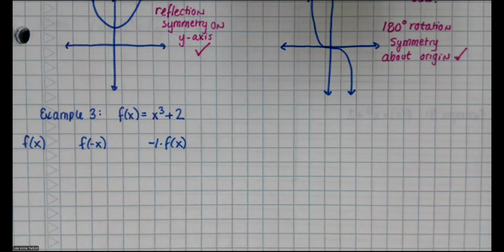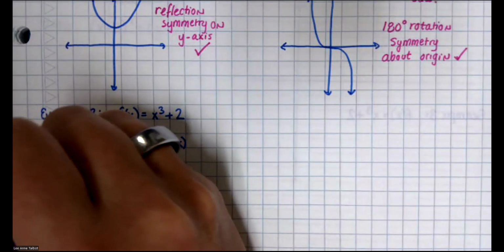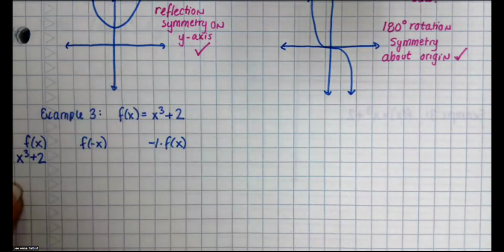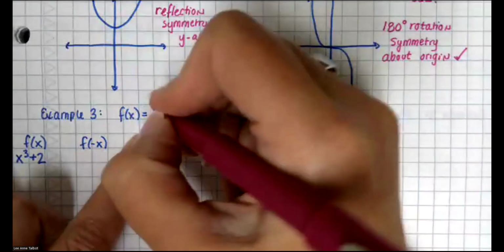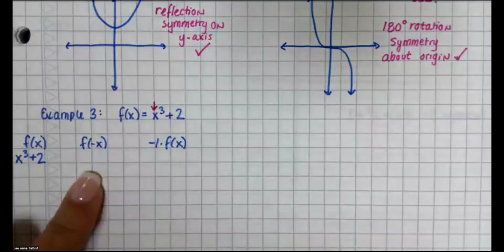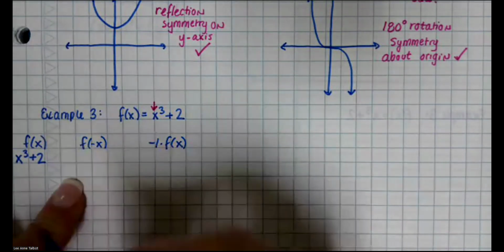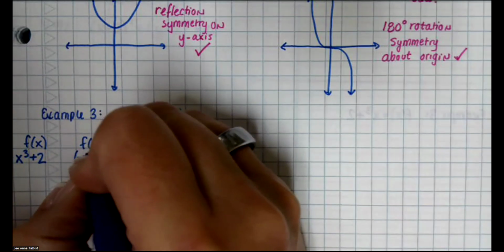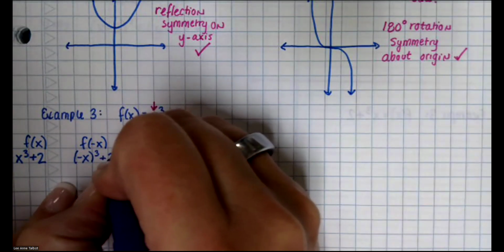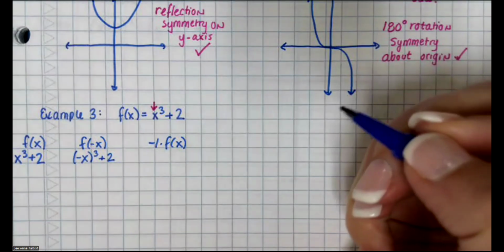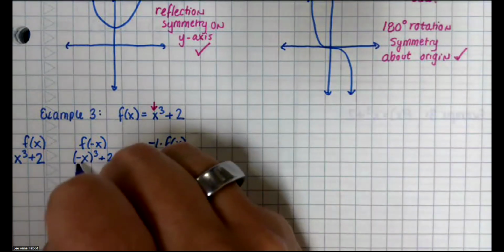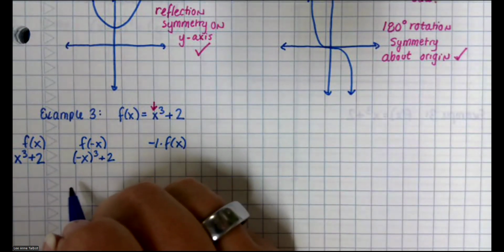Okay. Original, x cubed plus 2. Don't forget your parentheses, so negative x, cubed, plus 2. And this is a negative times a negative times a negative, which is a negative.